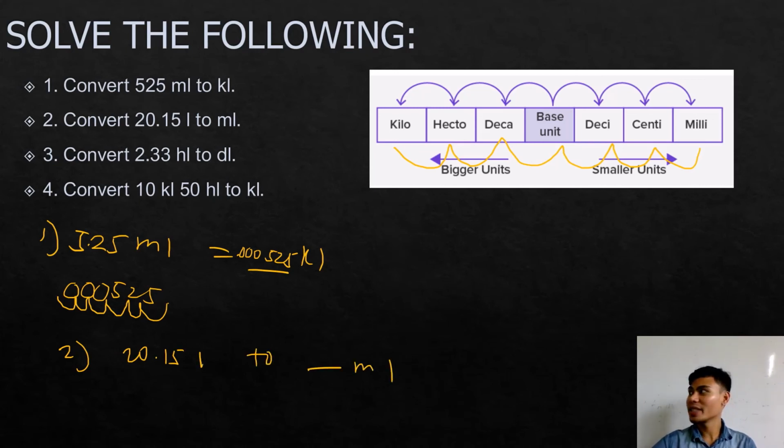So liters here, we have, this is the base unit going to the left or right? Pa ml. 1, 2, 3. So 3 times to the right. So it's 20,150 ml, sir. Correct na correct po. Diba? Basic na basic lang pala.